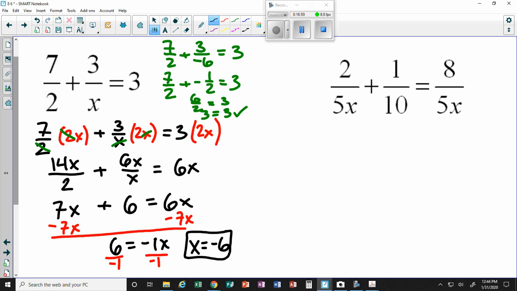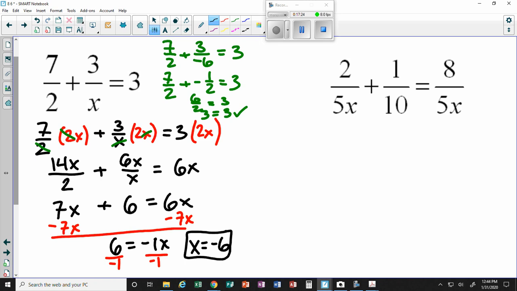Okay. So what are we thinking? Anybody got it? I heard a few different things. 20x? 10x? 5x? Are we able to do 5x and parentheses like 10? You could. It's not the least one.